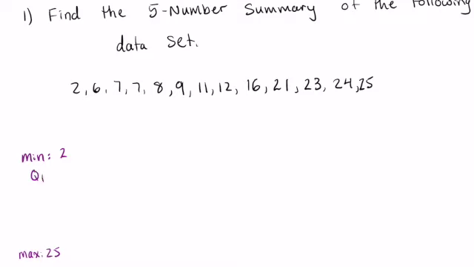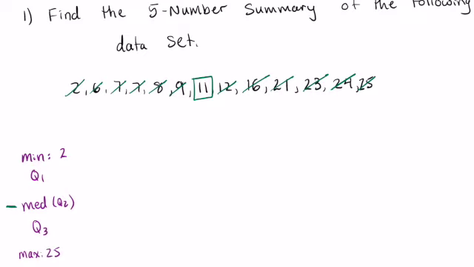Now I just need to find Q1. I need to find my median, or Q2, and I need to find Q3. So if you remember from finding our measures of center, we find our median by taking every number and crossing it off until I wind up with either 1 or 2 numbers in the middle.